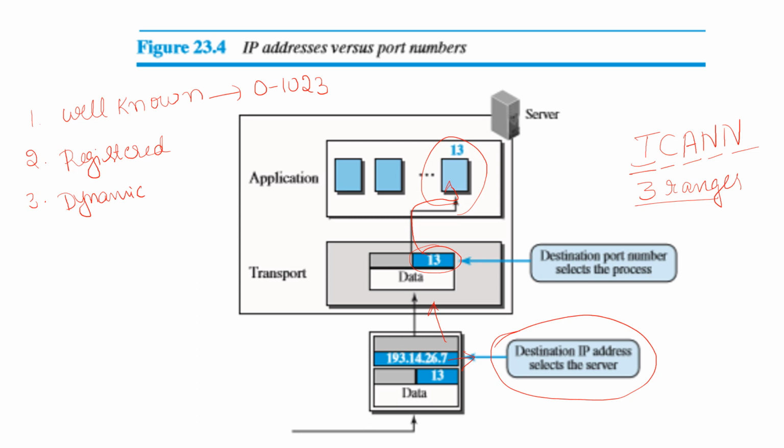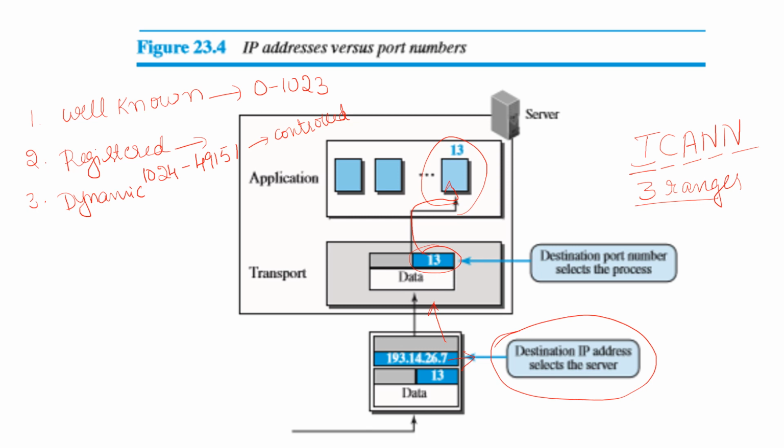The second category is registered ports, ranging from 1024 to 49151. They are not assigned to any specific processes, but they are controlled by ICANN.